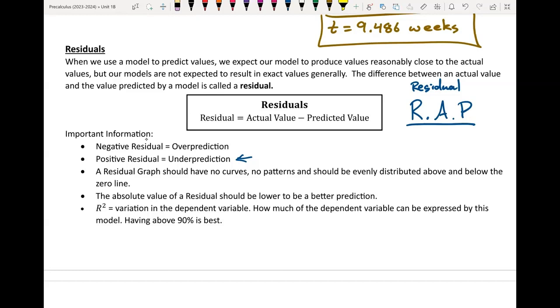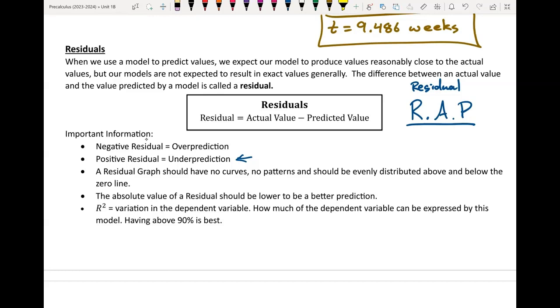We'll do more with residual graphs next unit. I have a little bit in this lesson. I don't know if we're going to get to it, but they should have no curves, no patterns, evenly distributed to be a good model. If it's an appropriate model, there should be no patterns. The absolute value of the residual should be lower to be a better prediction.